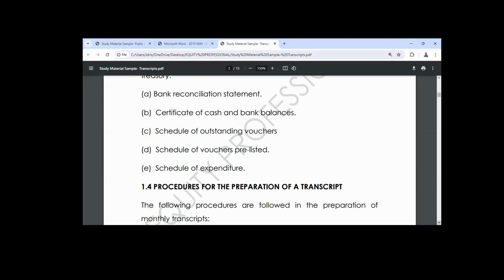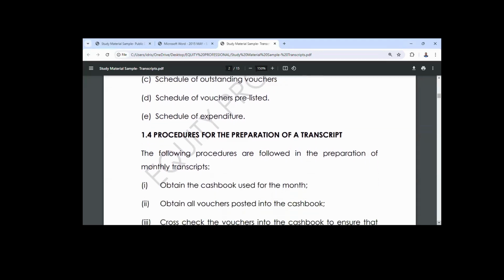How do we prepare transcript? There are some steps and procedure we need to follow. Number one, you need to obtain the cash book used for the month.